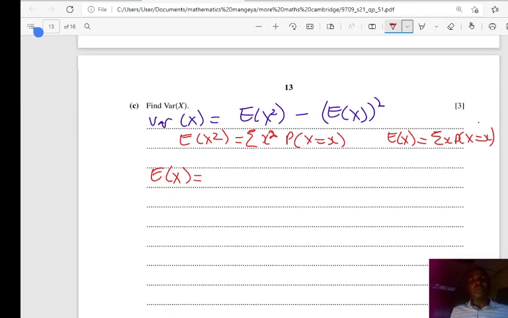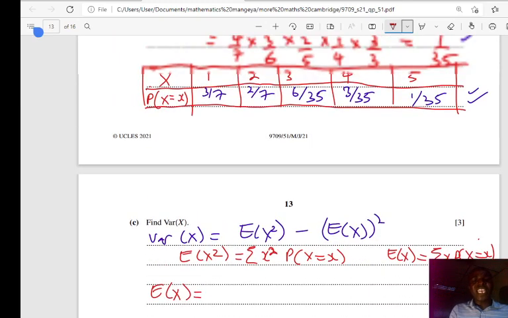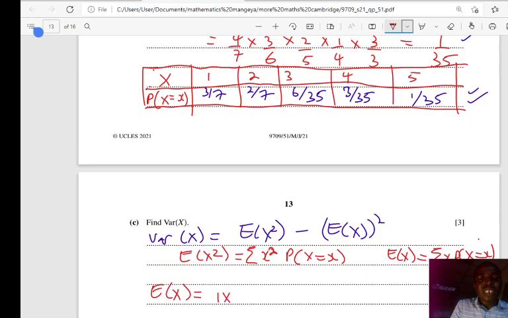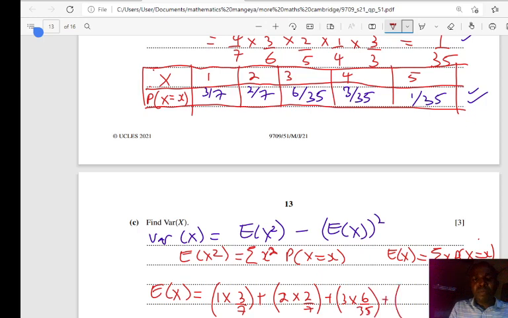You say x times the probability of X equals x. What is our x here? We say 1 times its probability, which is 3/7, plus 2 times its probability, which is 2/7, plus 3 times its probability, which is 6/35, plus 4 times its probability, 3/35, plus 5 times 1/35.